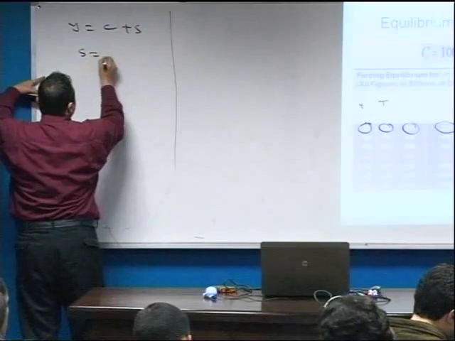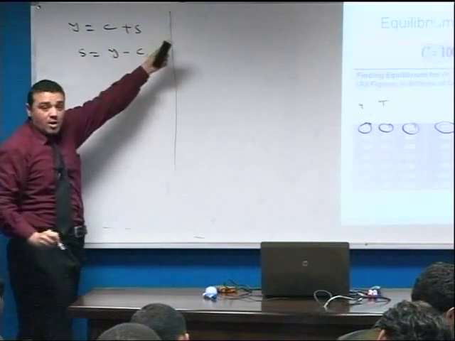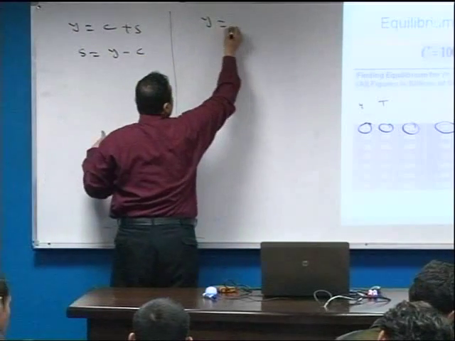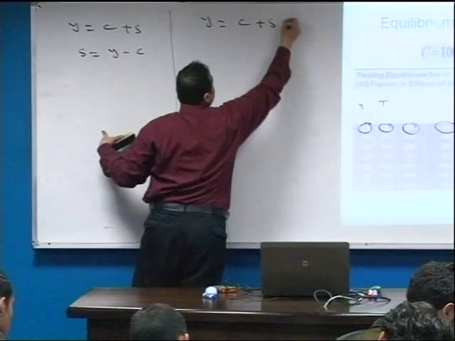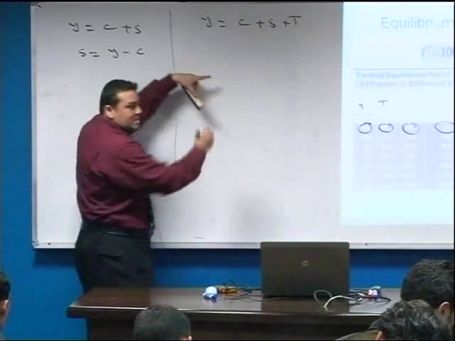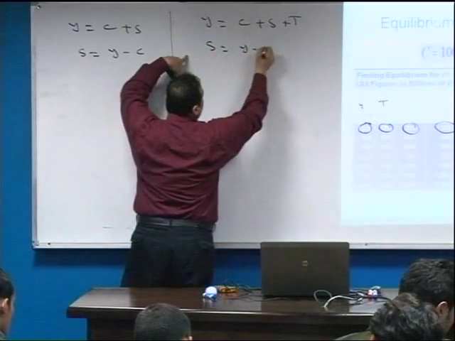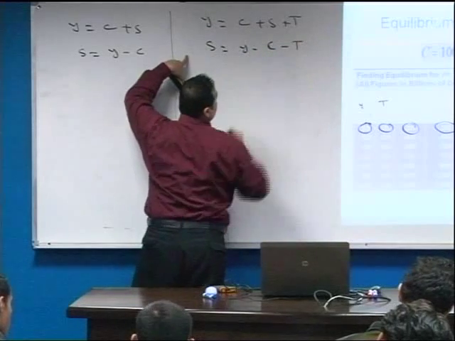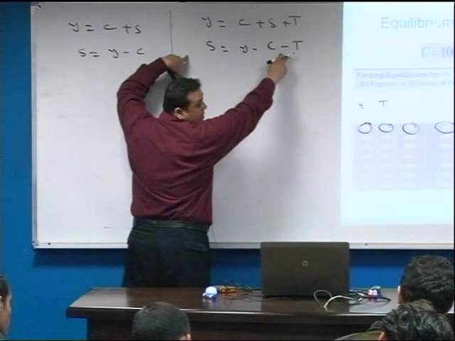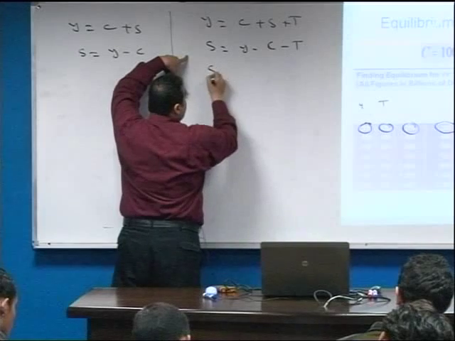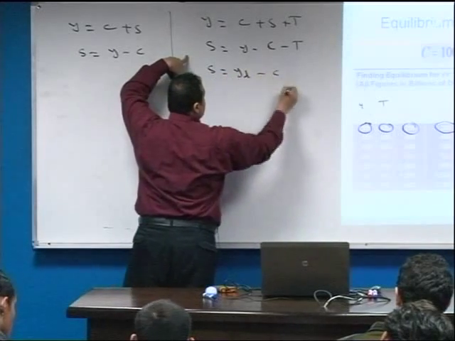So S was Y minus C, but now Y equals C plus S plus T. So S equals how much? Y minus C minus T. And Y minus T is what? YD. So S equals YD minus C.